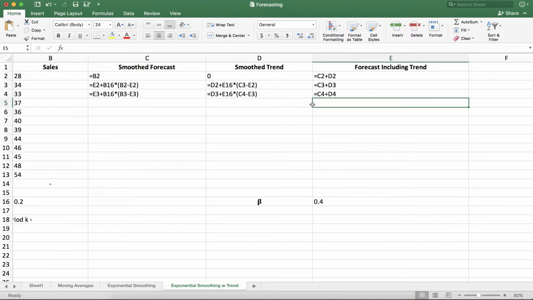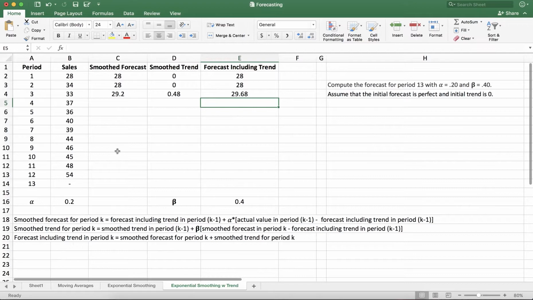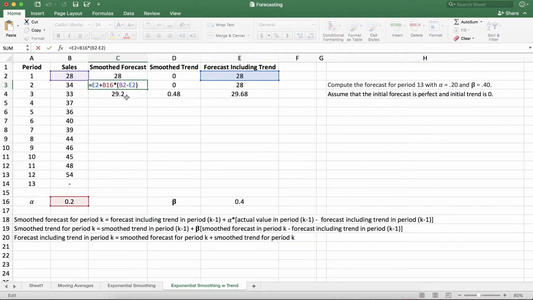So here's the trick that we are going to use. If you've seen my previous videos, you know what we do in this kind of situation. I'm going to go back to the first ever cell that I used a function in.